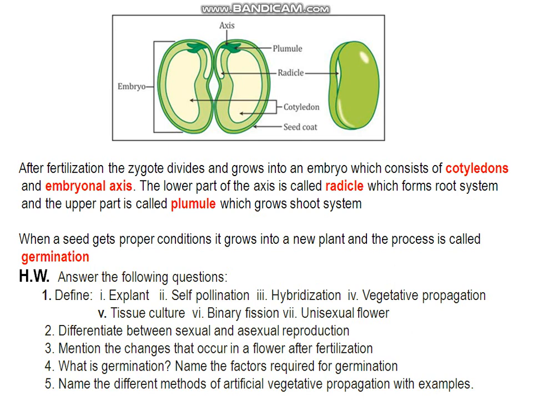The upper part is called plumule and the lower part is called radicle. Radicle develops into root system and plumule develops into shoot system.